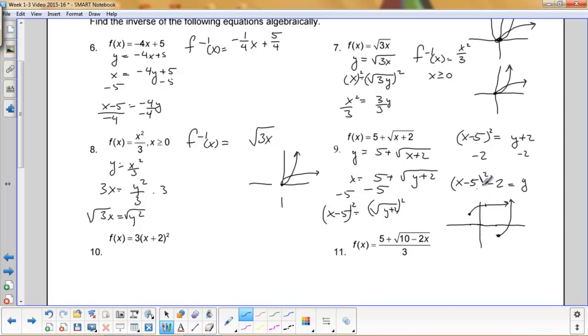Therefore, I must restrict the parabola at its vertex, which is x equals 5. So I'm going to go ahead and rewrite this problem as x minus 5 squared minus 2 equals f negative 1 of x when x is greater than or equal to 5.